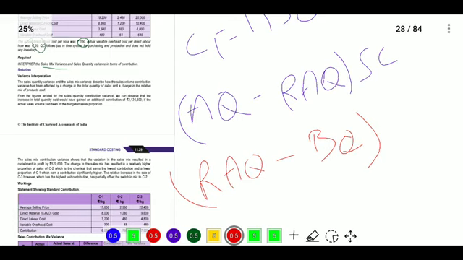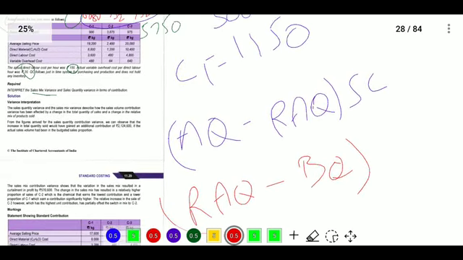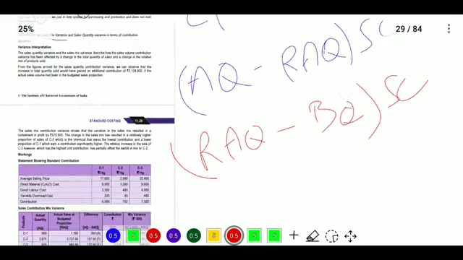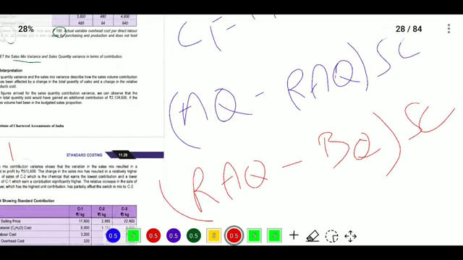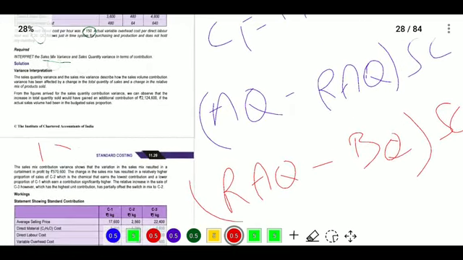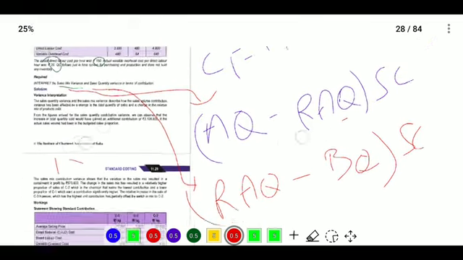Which contribution will we take? The standard contribution. We will get both answers which we require. For sales mix variance, actual quantity minus revised actual quantity, and for sales quantity variance in terms of contribution, revised actual quantity minus budgeted quantity. So we will get the answer.